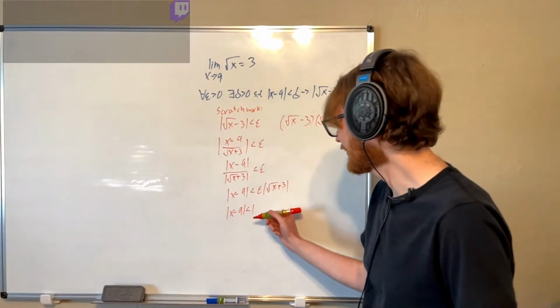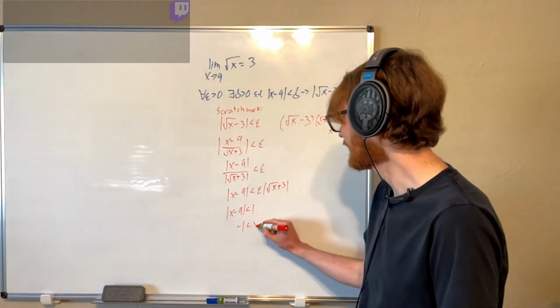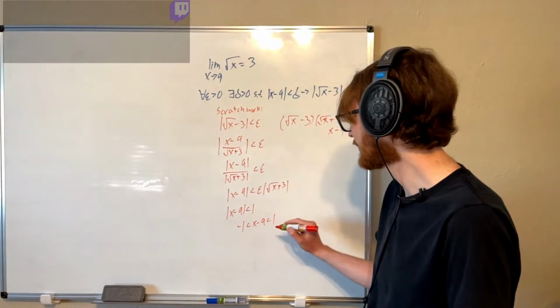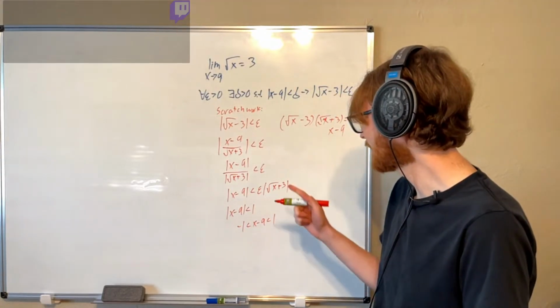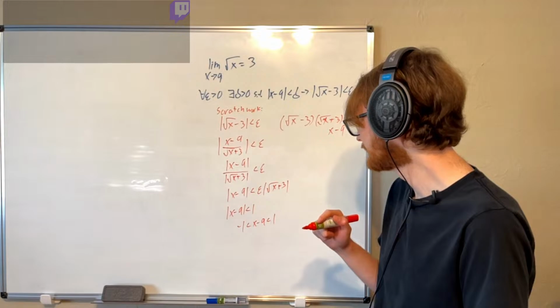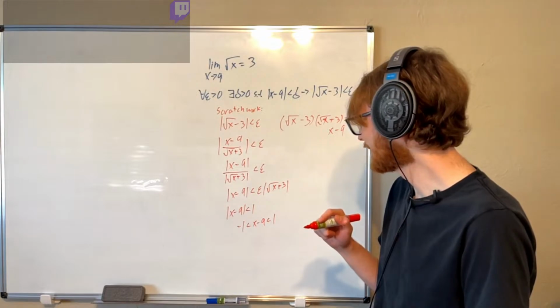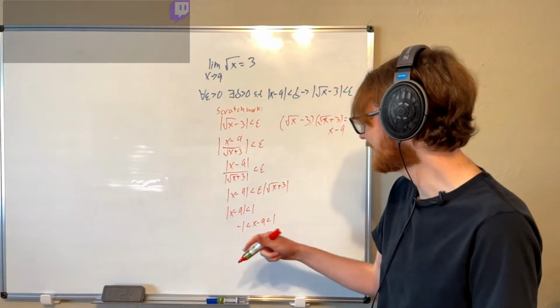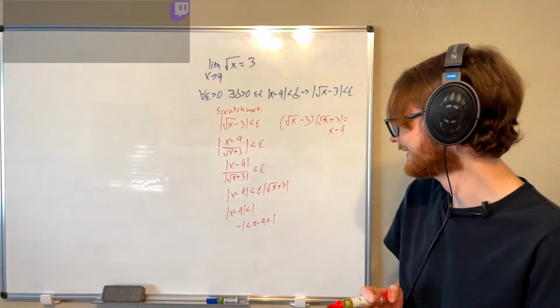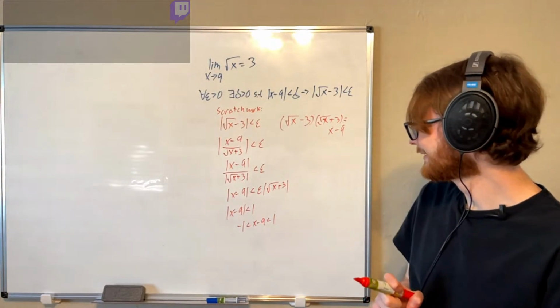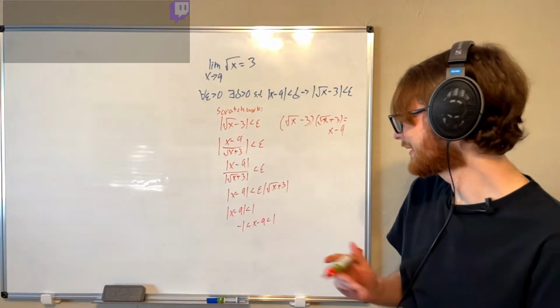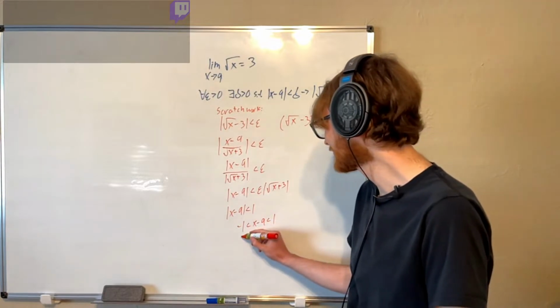Maybe let's start with minus 1 is less than x minus 9 is less than 1. Can we manipulate this to get to root x plus 3? Well, square rooting each side of this is a little... I don't know if I like the idea of that. Well, we can add 9 to each side first.